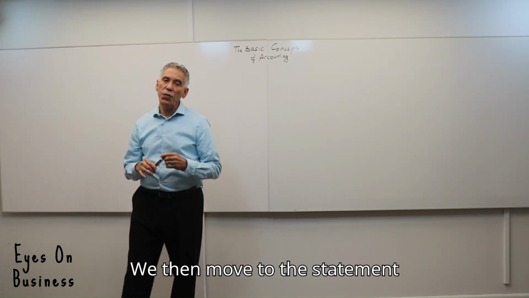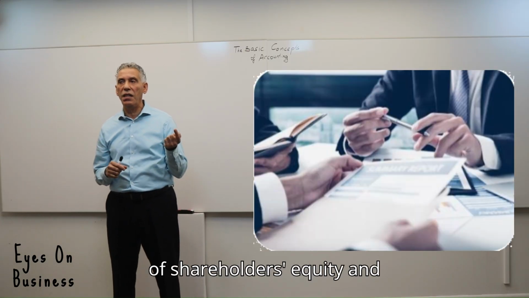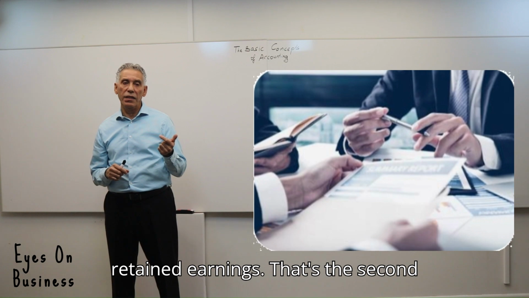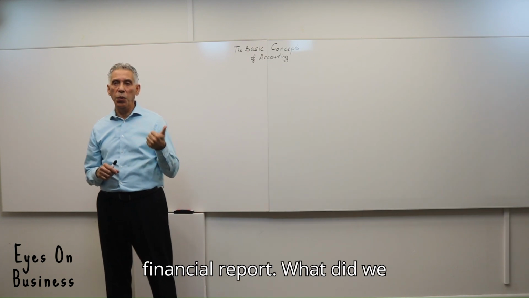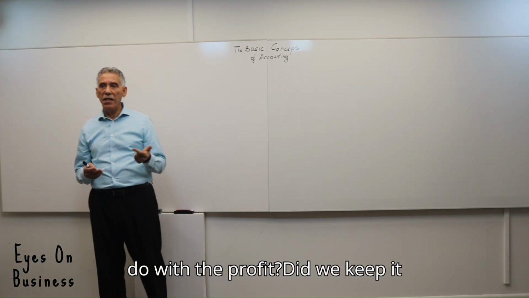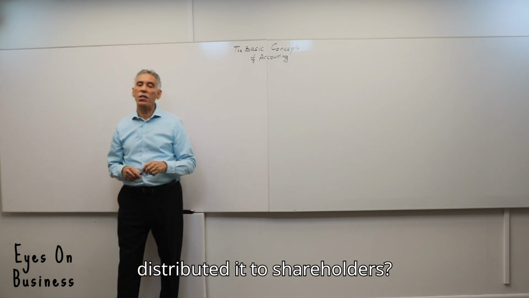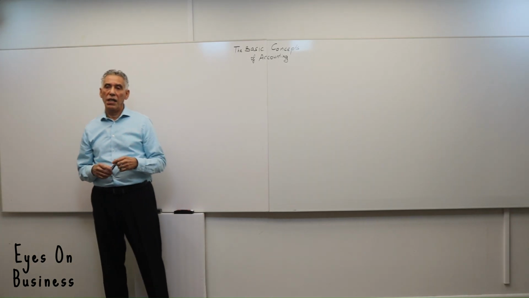We then move to the statement of shareholders' equity and retained earnings. That's the second financial report. What did we do with the profit? Did we keep it in the company or distribute it to shareholders?